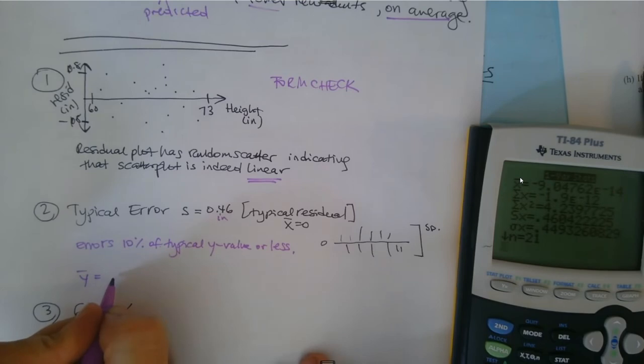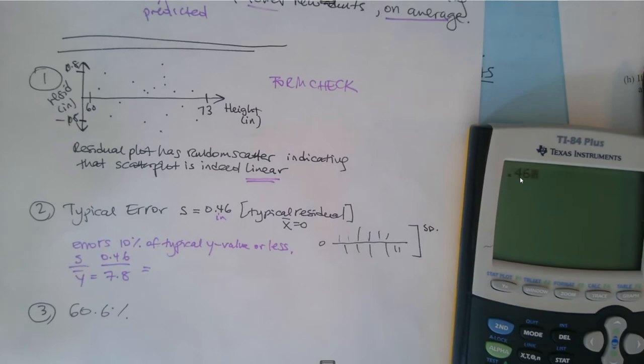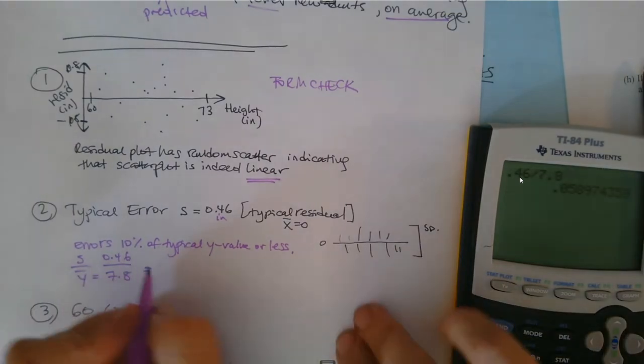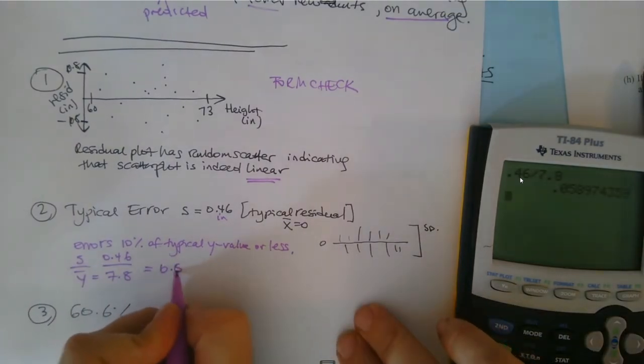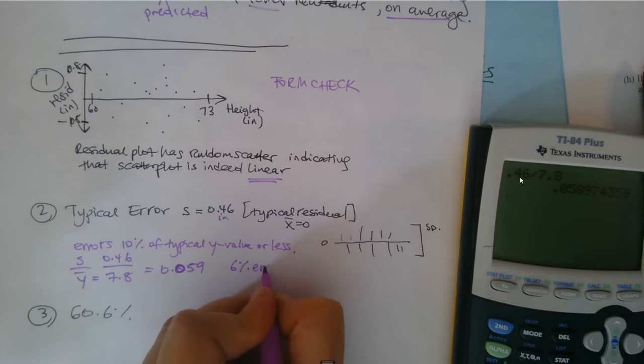So my Y bar, my typical handspan, is 7.8, and then our typical error, I'm going to divide them. My typical error is 0.46. So 0.46 divided by 7.8. Careful with your zeros, folks. This is saying our typical errors are about 6% error.